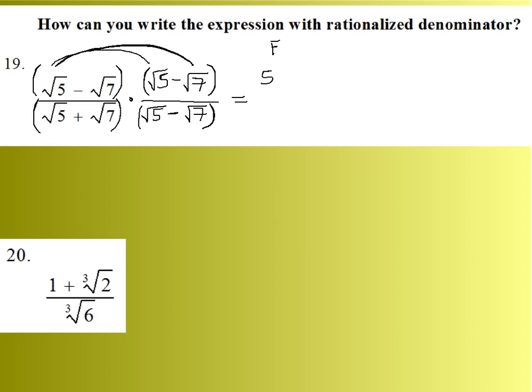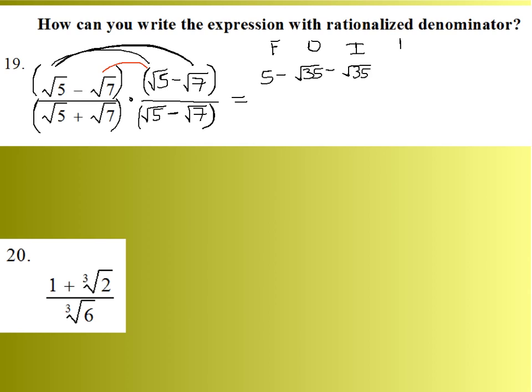Square root of 5 times negative square root of 7, our outside terms, well, it's going to be negative, and 5 times 7 is 35. Both numbers were inside, so we're going to leave 35 on the inside. Our inside terms, we have the square root of 7 times the square root of 5. Again, they're both inside, so I'm going to leave them inside. And I get the square root of 35. And it was a negative times a positive, so it's negative.